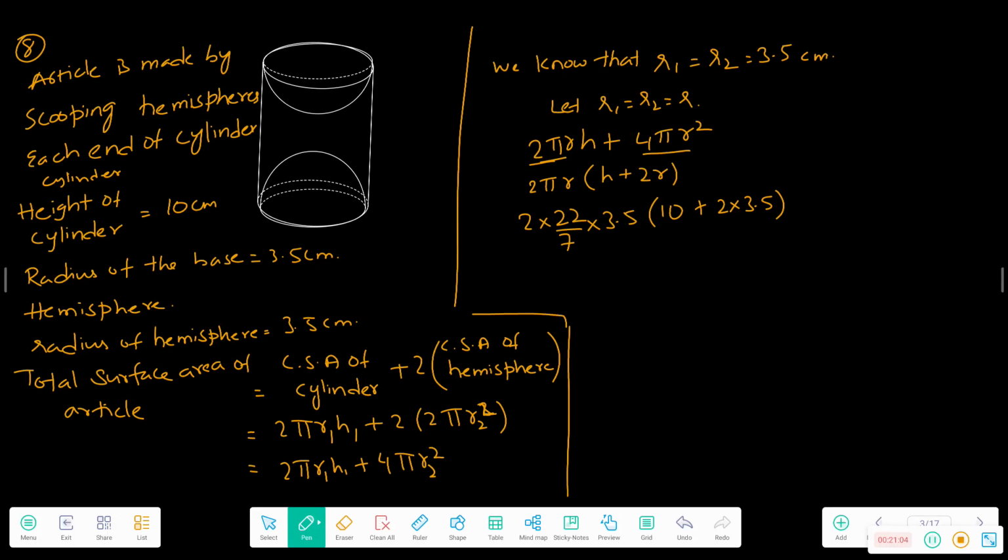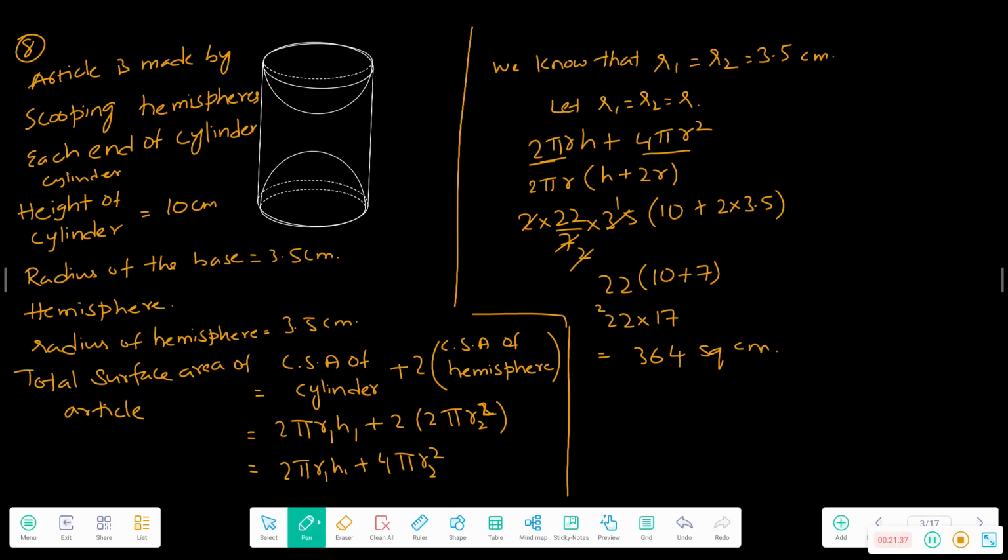So 3.5 ones are 3.5, twos are 7, so it will be 22 into 10 plus 7, so 22 into 17, which is 374... 364 square centimeter. This is all about the 8th problem. So I hope the exercise is done.